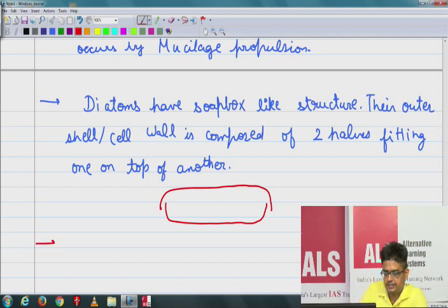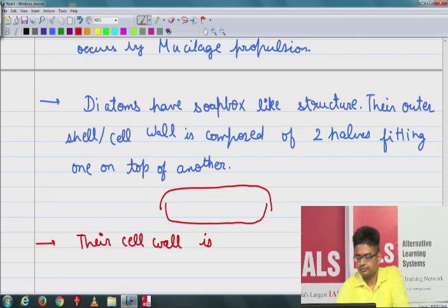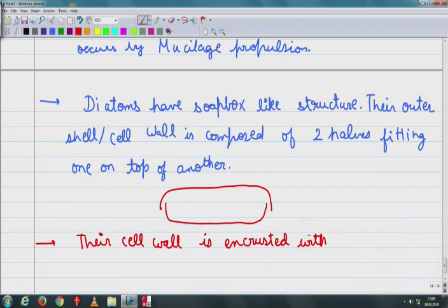Also, their cell wall is encrusted with silica particles.